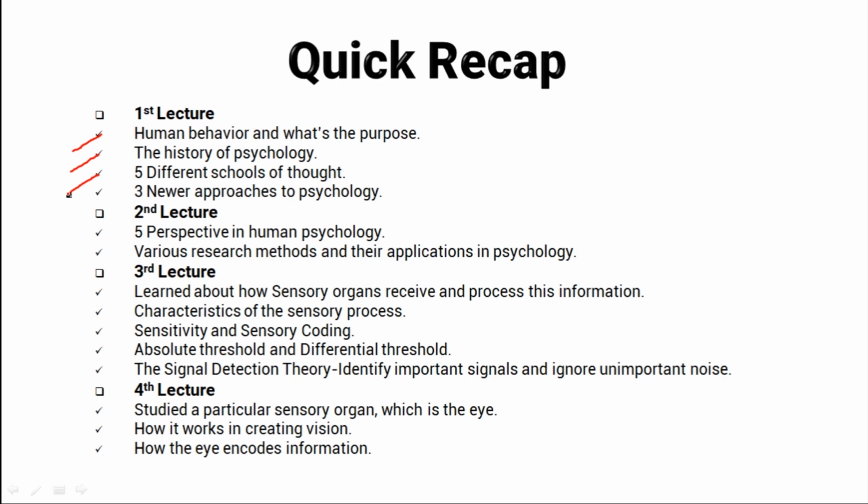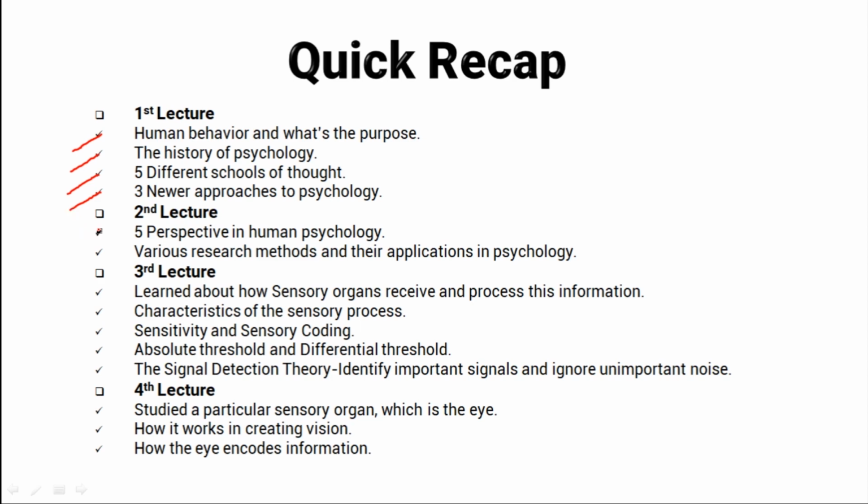There are 5 main schools, which are structuralism, functionalism, gestaltism, behaviorism, and lastly, psychoanalysis. We also briefly touched upon 3 newer approaches to psychology, like psycholinguistics, neuropsychology, and cognitive neuroscience. And each of these schools has its own ideas and theories about how we can understand human behavior and thoughts.